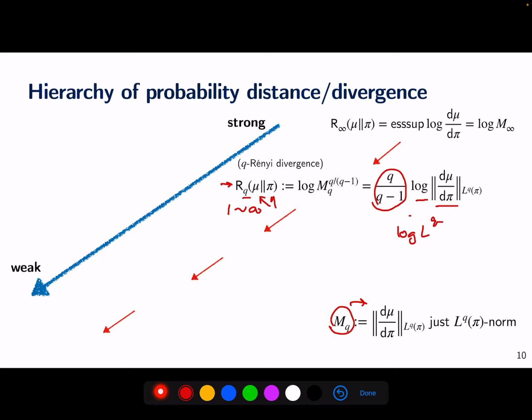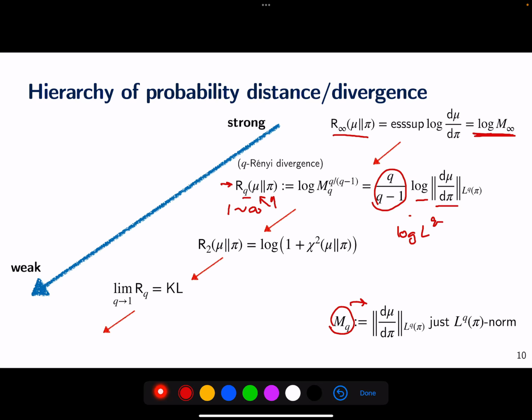The Rényi-infinity is just the log of M infinity, basically the log of the bound on the pointwise ratio. Rényi-q is larger than Rényi-2 when q is larger than 2, and Rényi-2 recovers chi-square divergence through this equality, and then Rényi-1, which should be understood as a limit, recovers KL. And then through Pinsker's inequality, we know KL bounds TV squared.